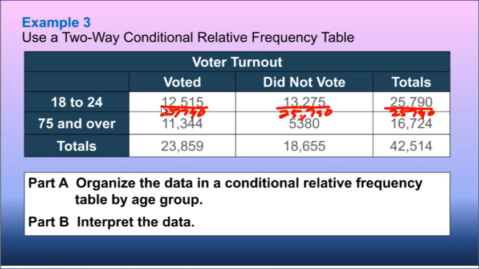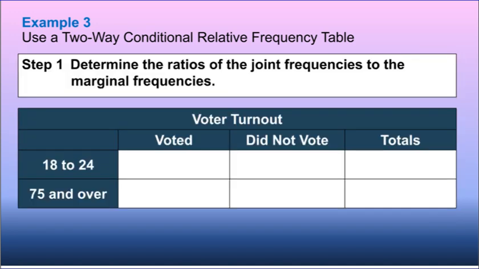I just want to find out those from ages 18 to 24. What was their percent turnout? So the percent of those who voted. If I do 12,515 divided by 25,790, I'm going to put this on the next slide here, that gives me 48.5%.